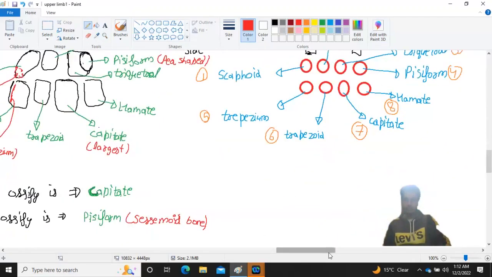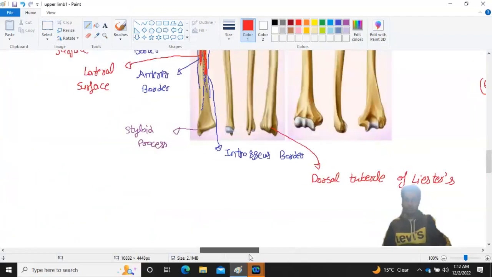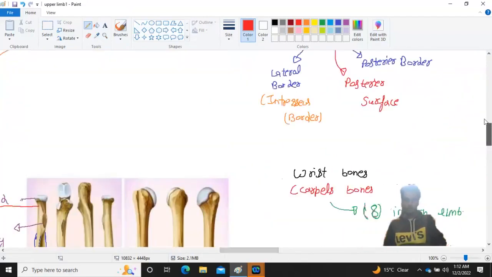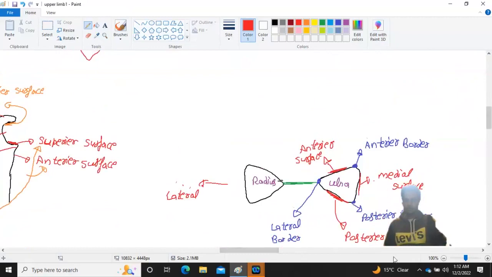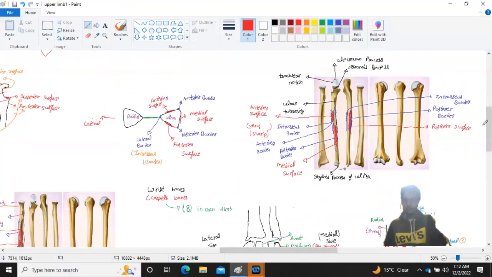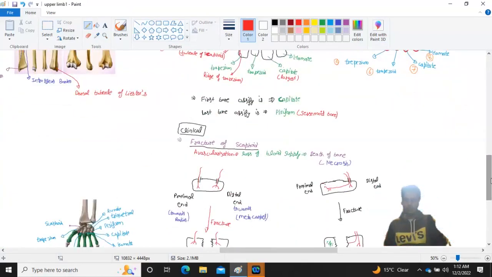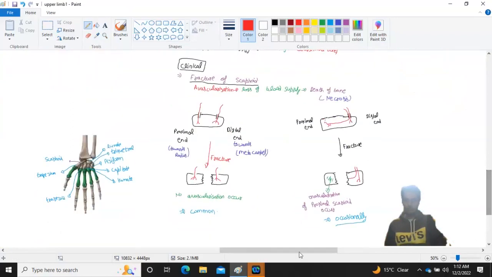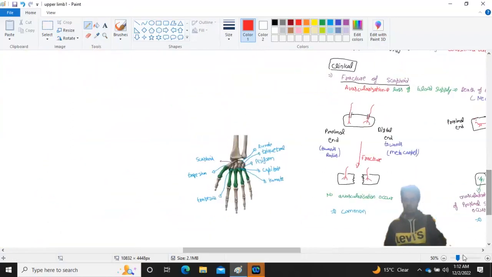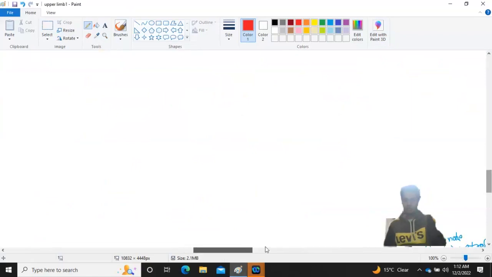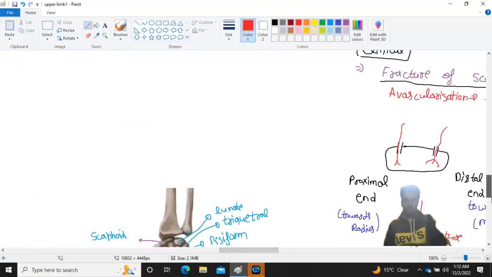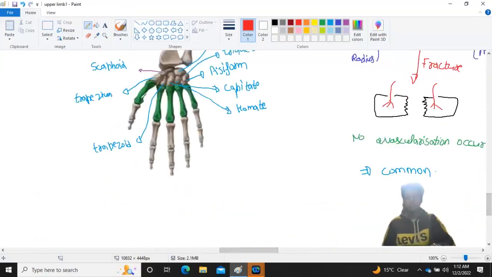हैंड पे देखते हैं, एक मिनट, आ गया, ये रहा हैंड। ये देखिए, this is thumb, here we see it from the ventral side.